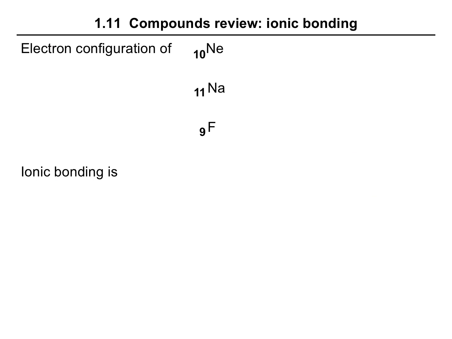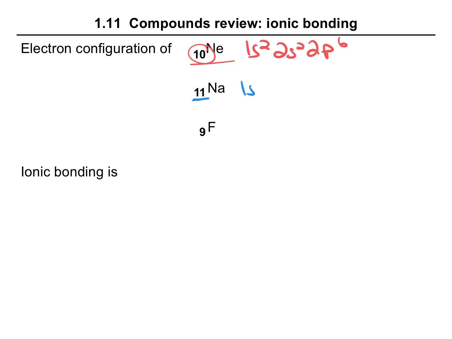Let's think again about the electron configuration of one of the noble gases, neon. So neon has 10 electrons, so the electron configuration will be 1s2, 2s2, 2p6. If we look at sodium, sodium has 11 electrons.